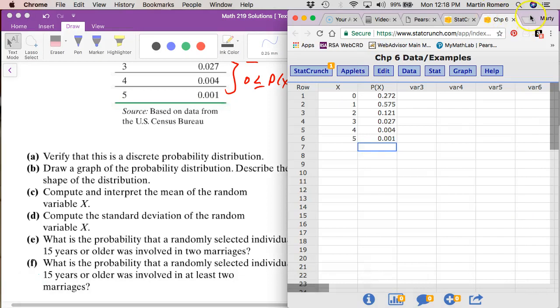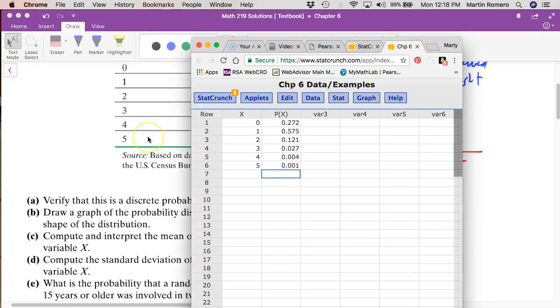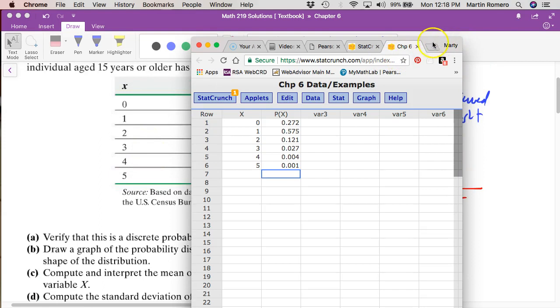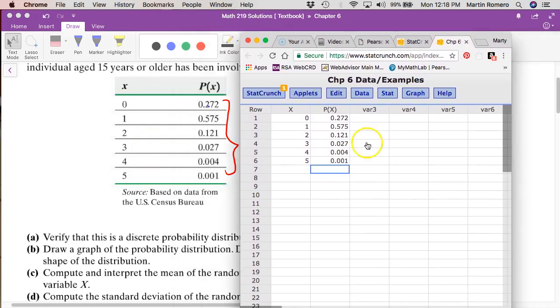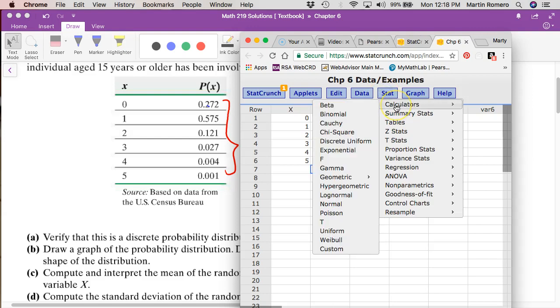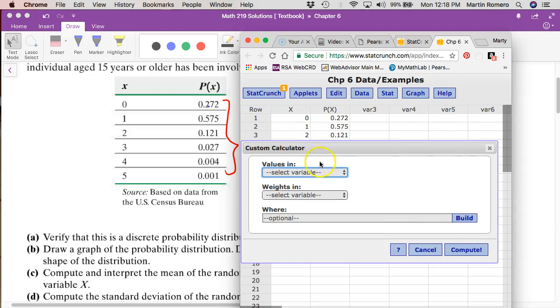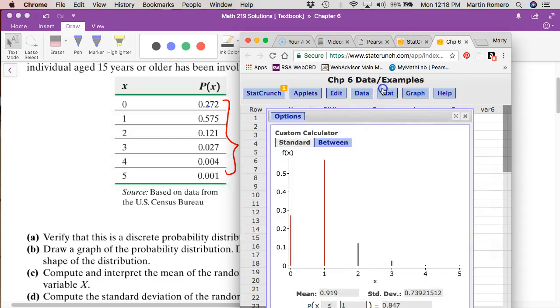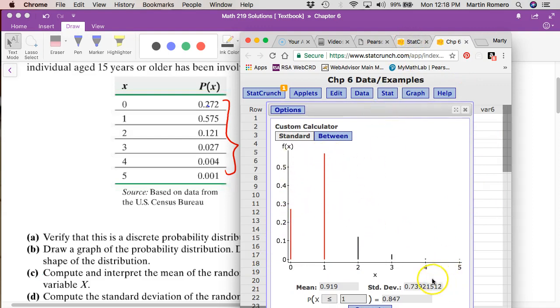After you get your probability distribution table in to look like that, we go ahead and put the data in. I think this matches up, and then this would be Stat, Calculators, and then Custom in this case. The values are in x, the probabilities in p of x, and then we compute. And there's your nice distribution, what I just graphed. We also have the values here.